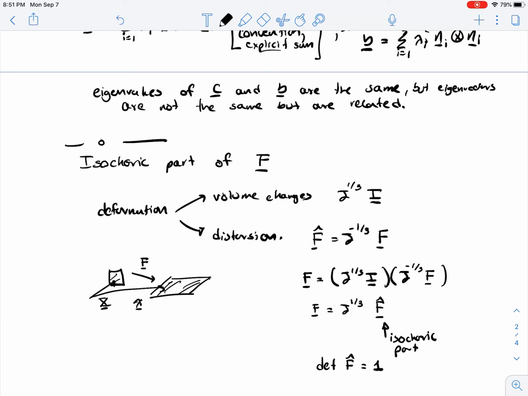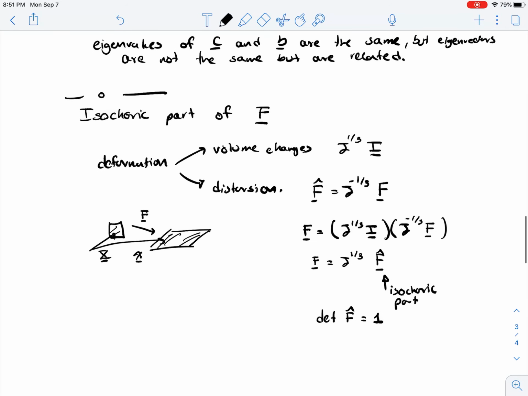Because the determinant of F hat equals 1. And remember that the determinant is the volume change. So all the volume change is basically here. F hat doesn't have volume change, so it only has the distortional component. So this is very, very typically used.